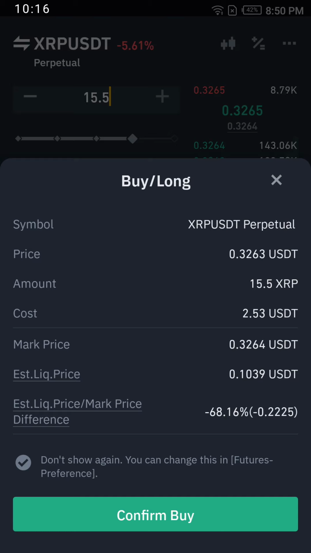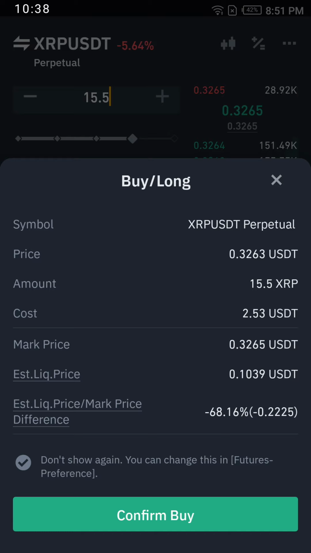So now you see it telling me in summary the price. This is the price I'm buying at. Amount 15.5 repo, cost 2.53 USDT, mark price. The estimated liquidation price will be 0.1039.